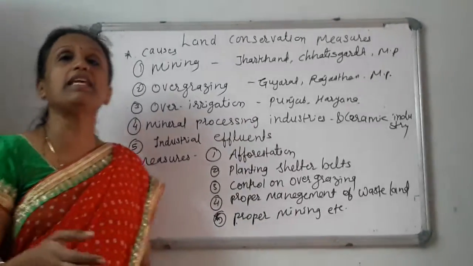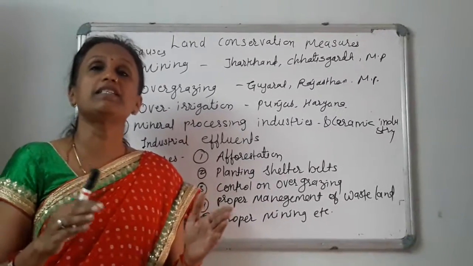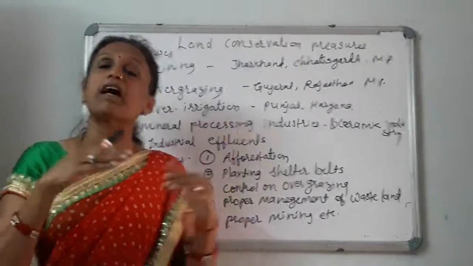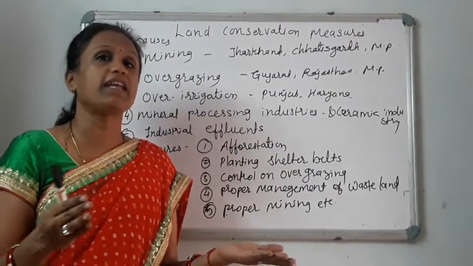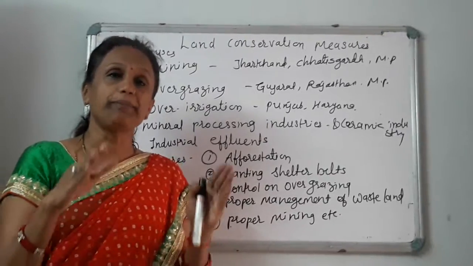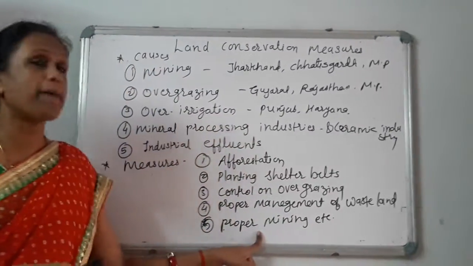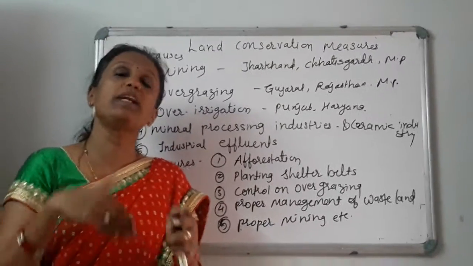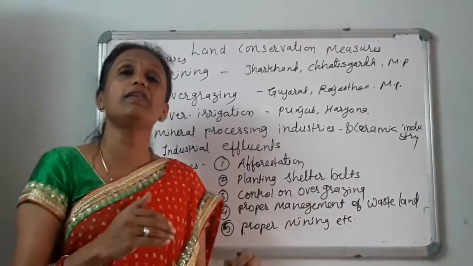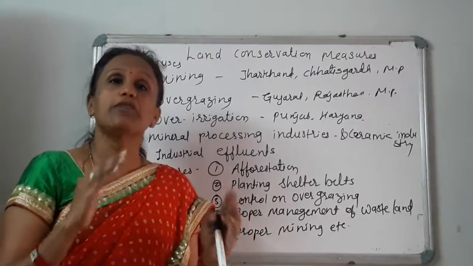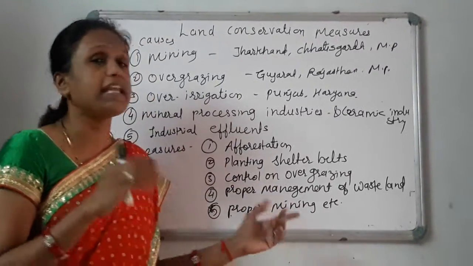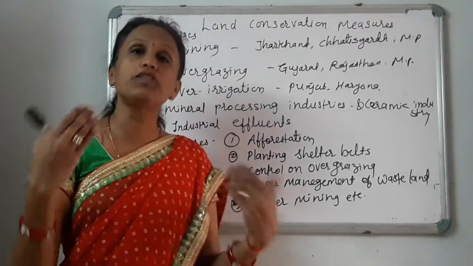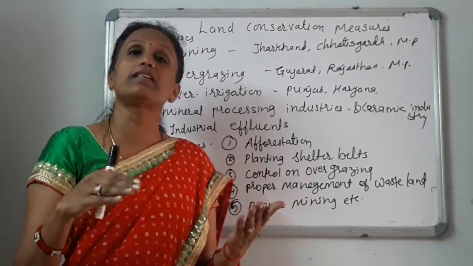And proper mining activities: mining should be controlled, and mining sites should not be left abandoned after excavating, they should be properly managed. And apart from that, industrial effluent should be treated before releasing it into water bodies and on the ground, so that it will not cause any kind of harm to our land, and that land can be used by us again, generation to generation.